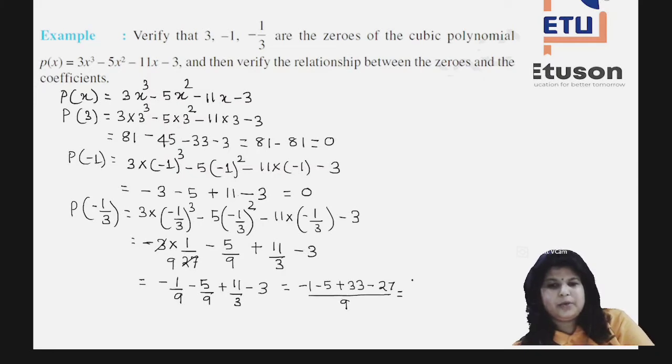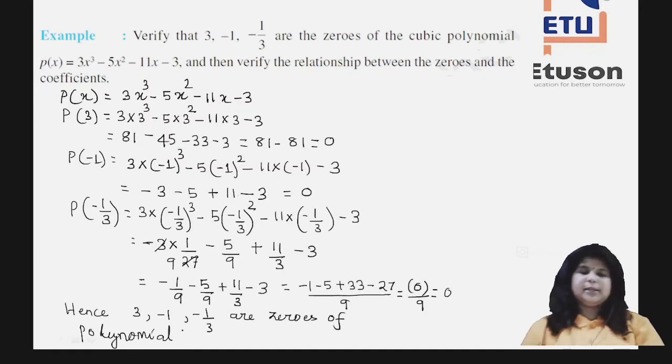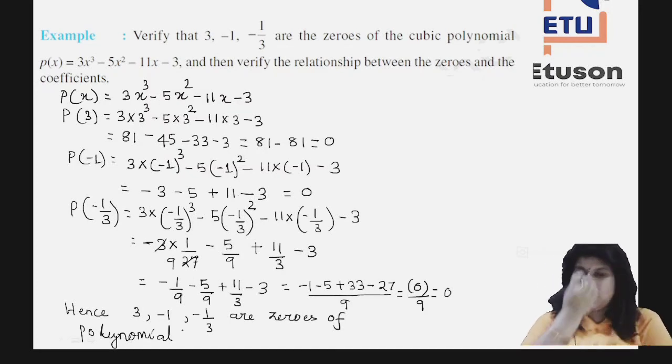So the numerator is 0 by 9. So the answer is 0. Hence it is proved that 3, minus 1, minus 1 by 3 are zeros of the polynomial, as you are getting P(x) equal to 0.